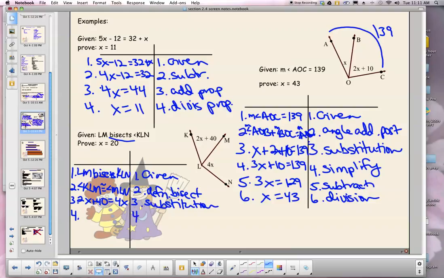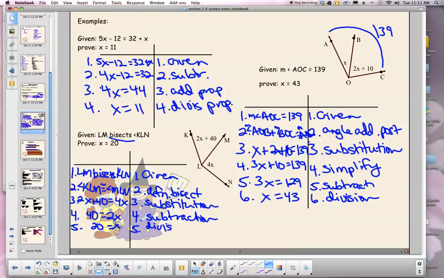I took what the pieces were equal to, and replaced them. Okay, now we're back to algebra. So I'm going to minus 2x from both sides. So I get 40 equals 2x by subtraction. And then I would divide by 2, so 20 would be equal to x. And that would be division.